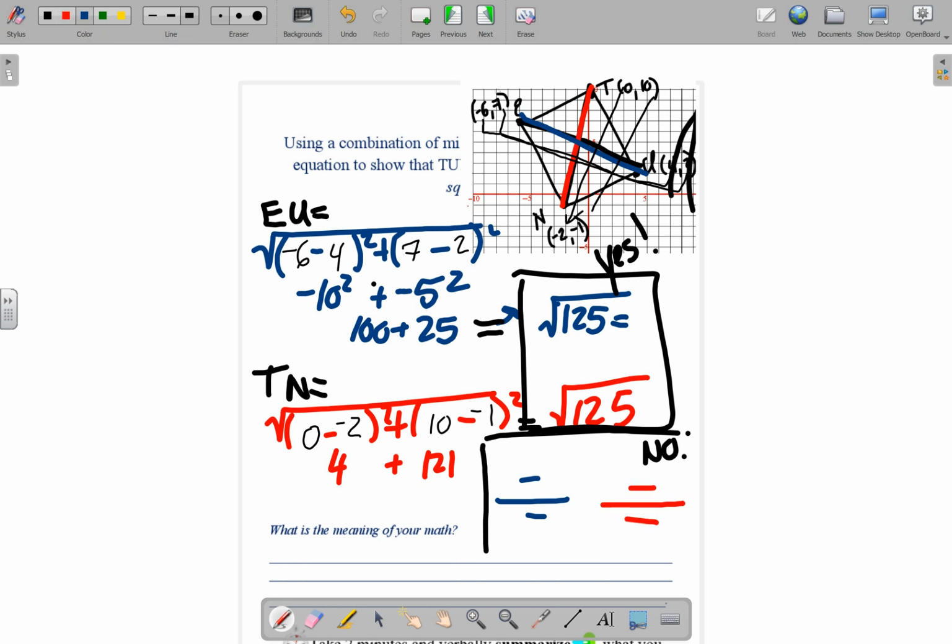Y minus y over x minus x, that's negative 7 and 2, negative 7 and positive 4. Going this way, that's 10 and negative 1, 0 and negative 2. Go ahead, find your slopes here.